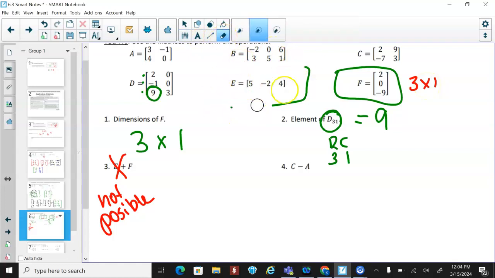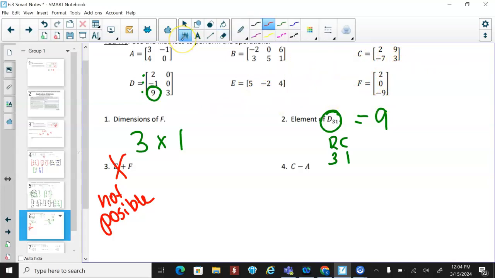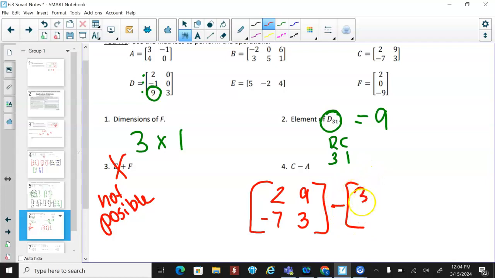All right. And C, which is going to subtract number 4, it's C minus A. Okay, so my C is 2, 9, negative 7, and 3. And A is negative 3, negative 1, 4, and 0.